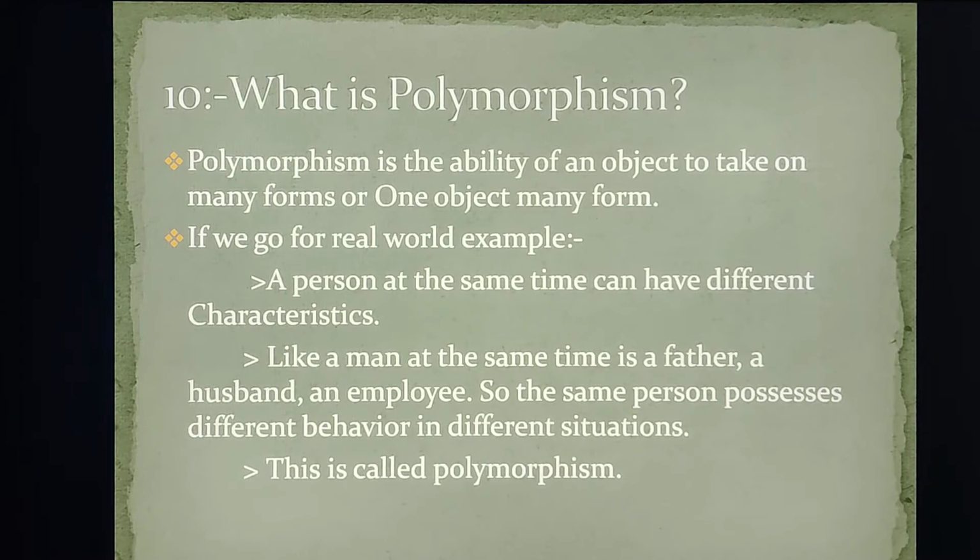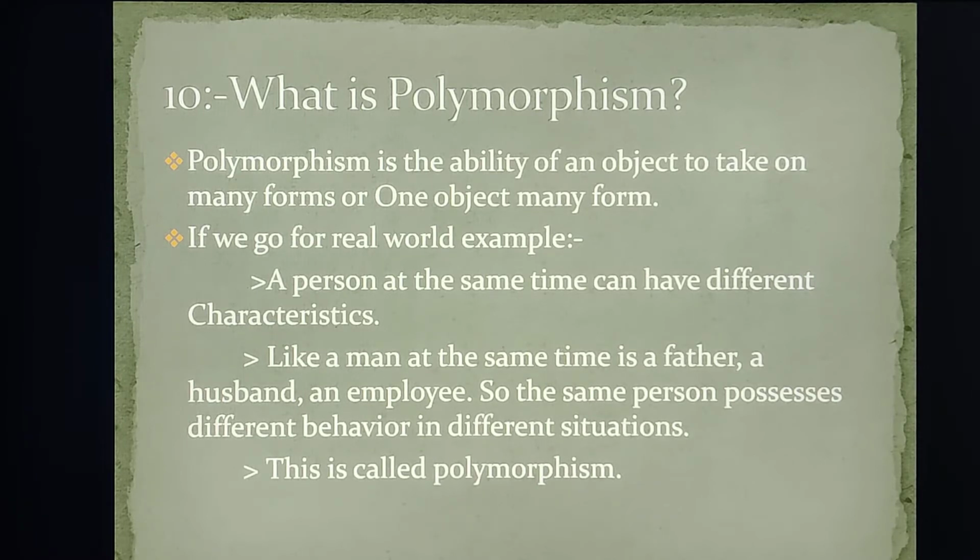If we go for a real world example, a person at the same time can have different characteristics. How? A person can behave as a father, a husband, or an employee.